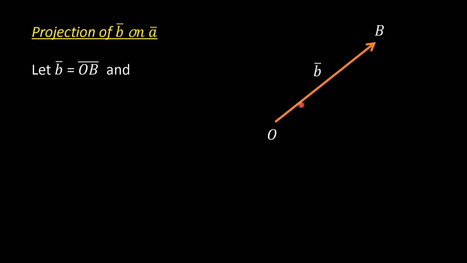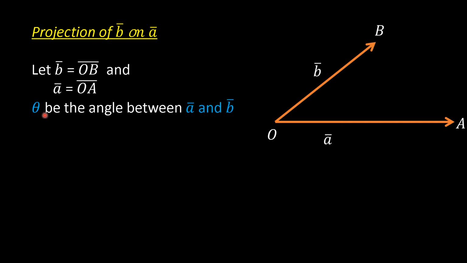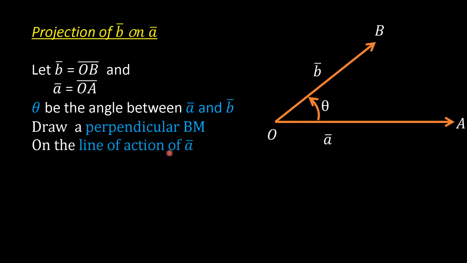What will be the projection of B bar on A bar? Let B bar equals OB bar and A bar equals OA bar. Let theta be the angle between A bar and B bar. Draw a perpendicular BM on the line of action of A bar.